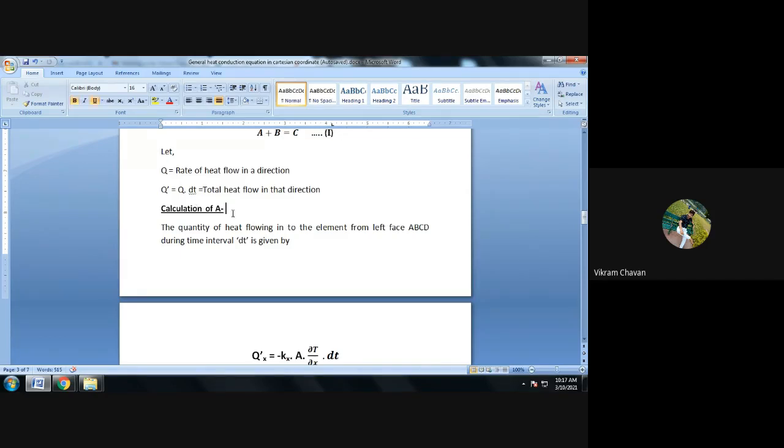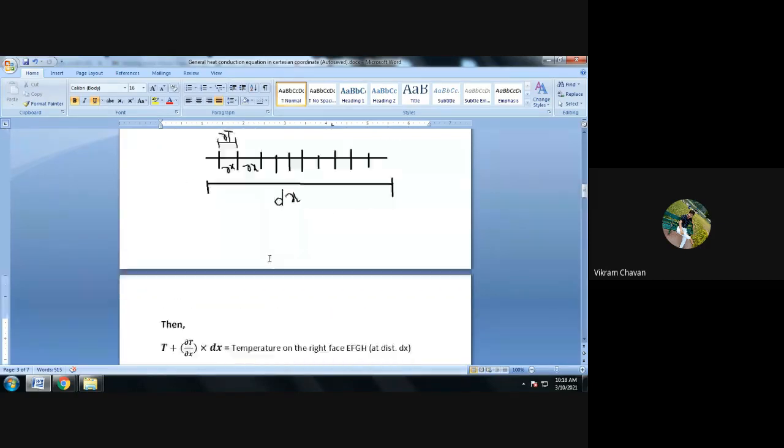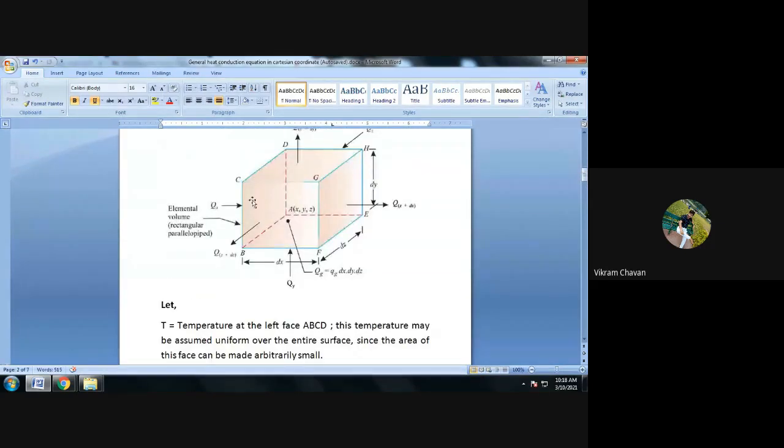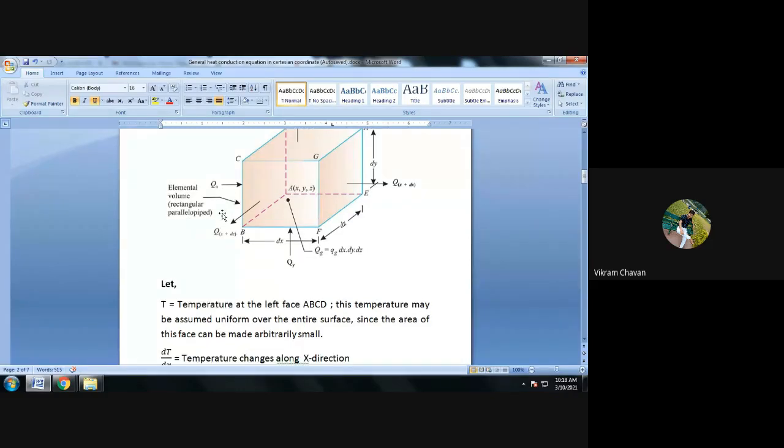Now we have to determine the total amount of heat flowing in the x direction. This is the ABCD face, which is maintained at T degrees Celsius. The amount of heat entering the element in this direction is Q suffix x, and the total amount of heat entering the element will be Q dash x, equal to Q suffix x multiplied by dt.